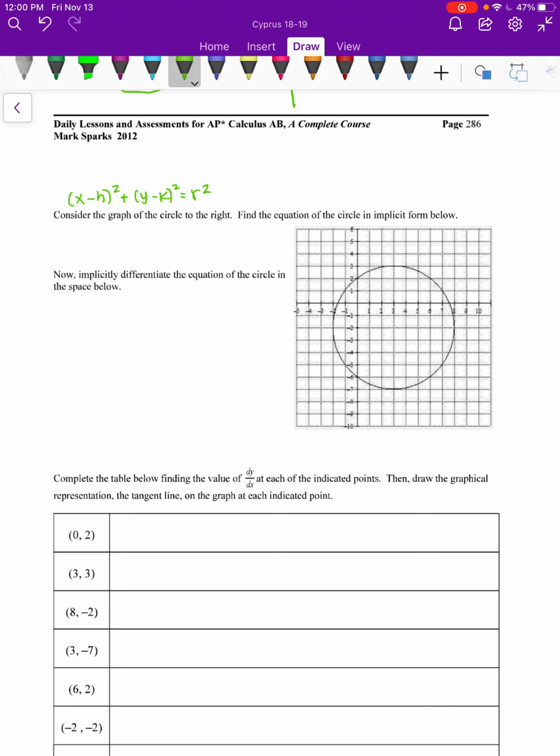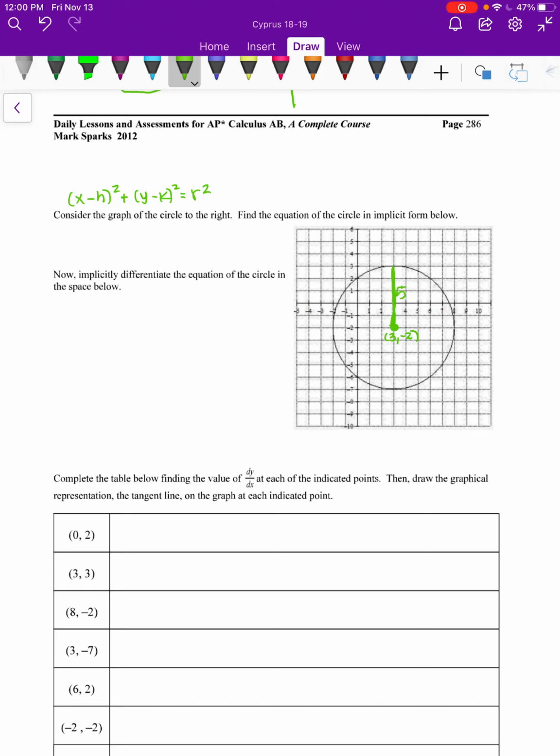So the center of this circle is right in here. And that point is (3, -2). And the radius of this circle, if I go from the center to one of the edges there, that's 5.